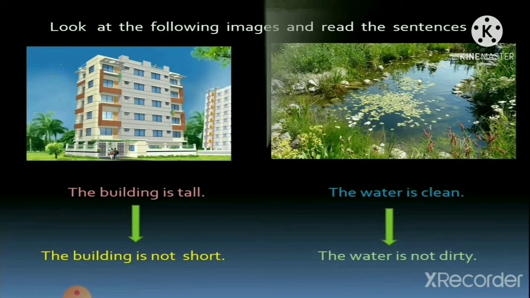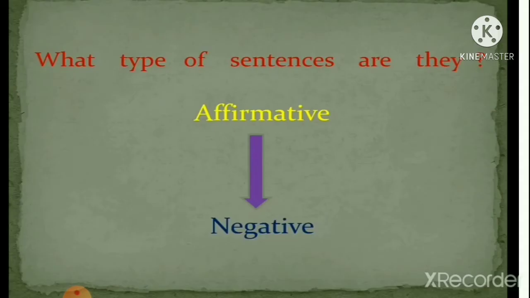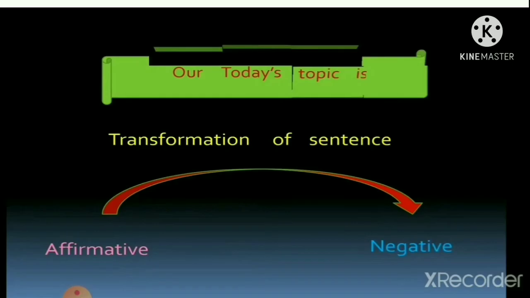Okay, now students, can you understand what we are going to study and what type of sentences there are? Yes, this is affirmative to negative. And now we are going to study transformation of sentence, affirmative to negative.